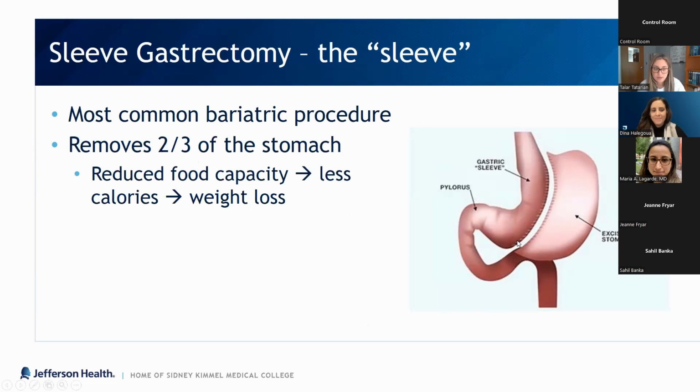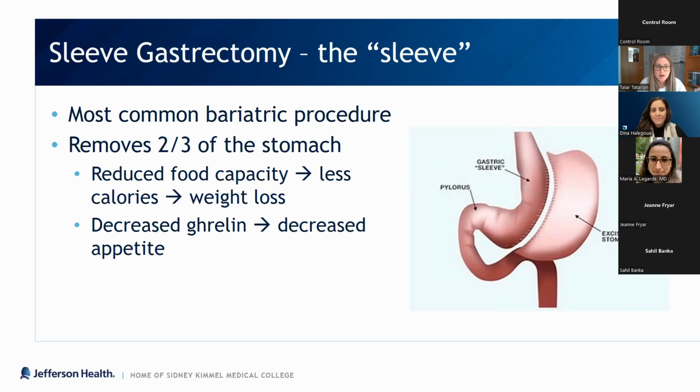This kind of works in 2 ways. First, with the smaller stomach, there's a smaller storage capacity for food, so you consume fewer calories, and that leads to weight loss. But the second is by removing that larger 2/3 part of the stomach, you decrease a hormone called ghrelin, and when you decrease ghrelin, that decreases your appetite.